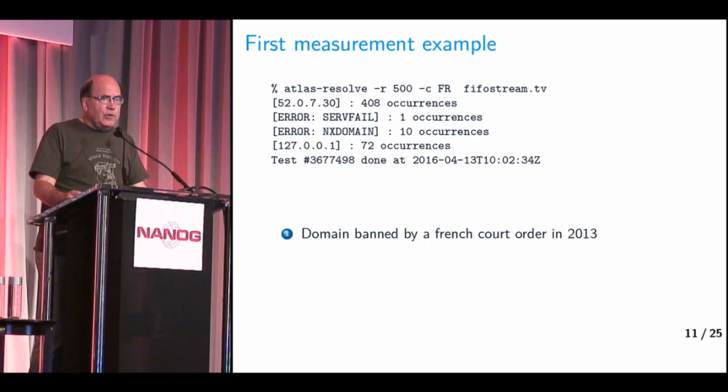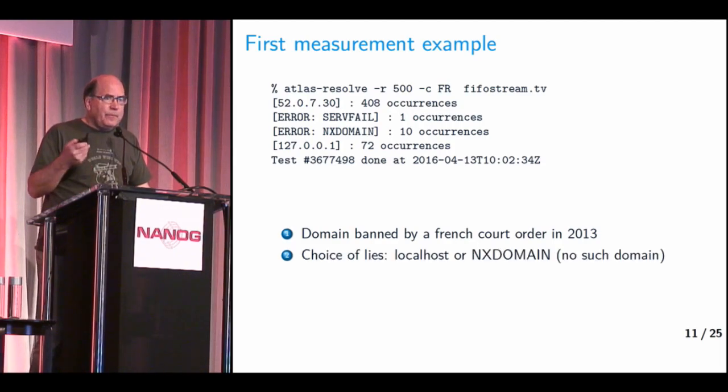The domain name fifostream.tv has been banned by a French court order in 2013. It's related to file sharing, something like that, or illegal streaming, I don't know. So you can see there are 4 possible answers to these probes. First case, and the most common, 408 occurrences, is the real IP address. There was 1 probe getting a server failure, 10 getting NXDOMAIN, and 72 probes got a localhost address.